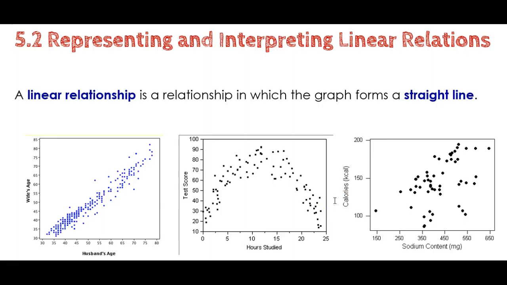This last graph is looking at the number of calories in food versus the amount of sodium or salt content, right? Now I can see in this graph that all these points are scattered all over the place. There's no linear relationship. There doesn't seem to be any kind of relationship between them. So let's look at interpreting this to make sense of it.